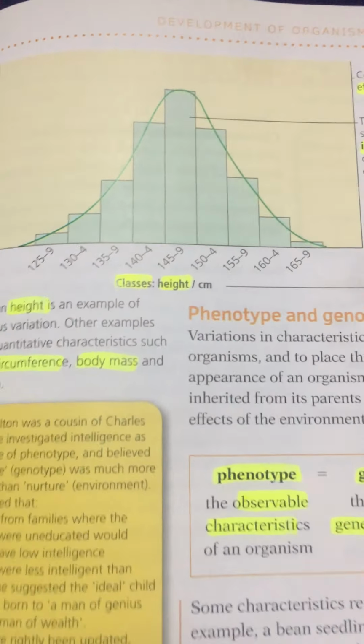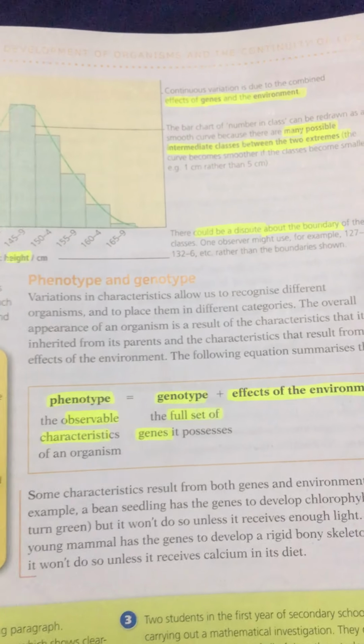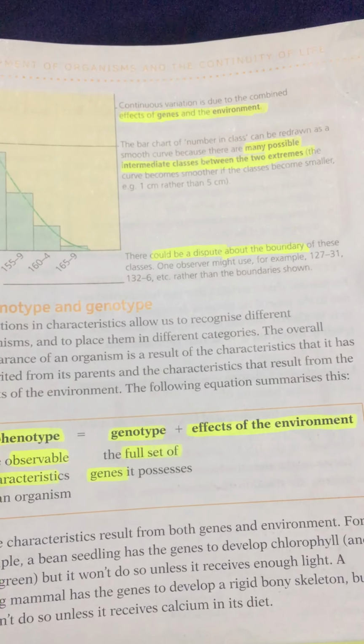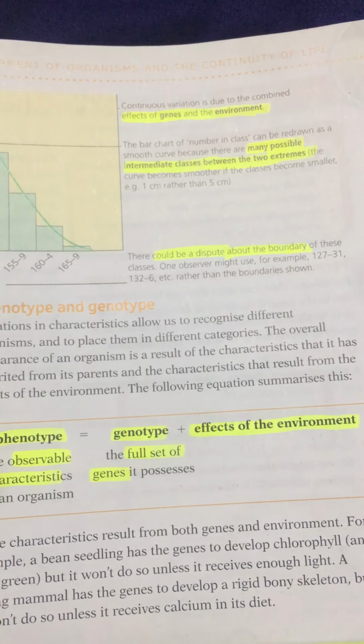Okay, we can make a smooth curve, not a discontinuous bar chart. What they wrote here about this chart is that continuous variation is due to the combined effects of genes and the environment. We mentioned that. We said that genes and environment can affect continuous variation.